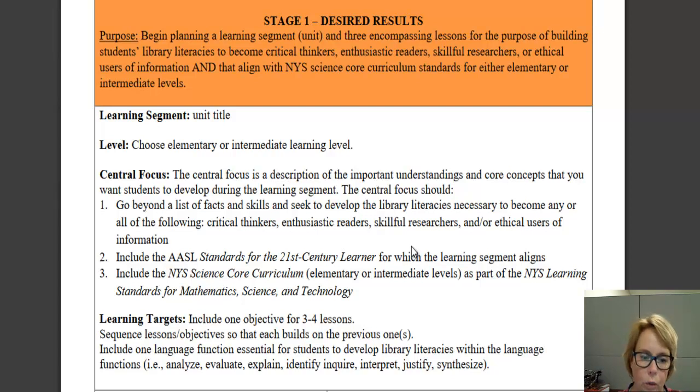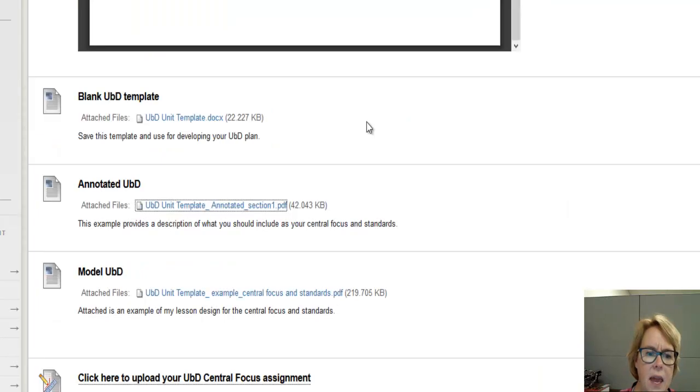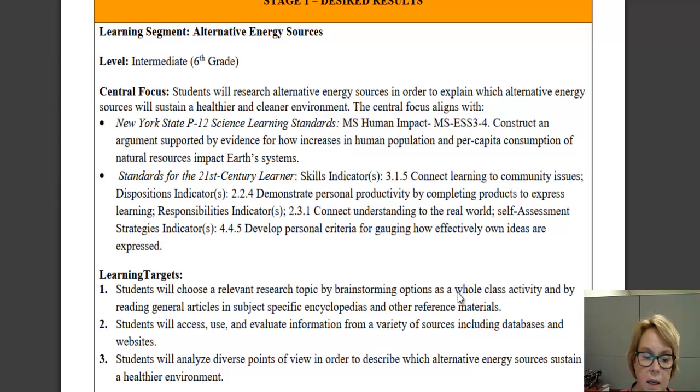Okay, and then the last thing that I include is my UBD design. As a model, I've chosen alternative energy sources. For the 6th grade, I've listed here my central focus, which essentially is a short statement. It's not a very long narrative.